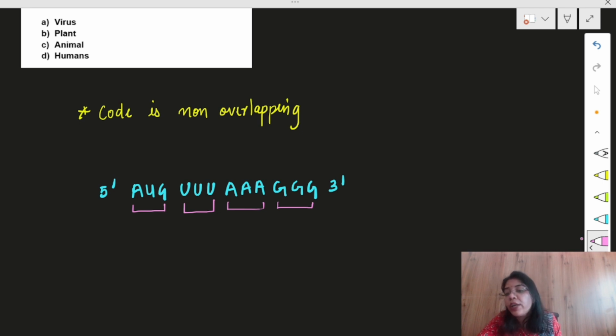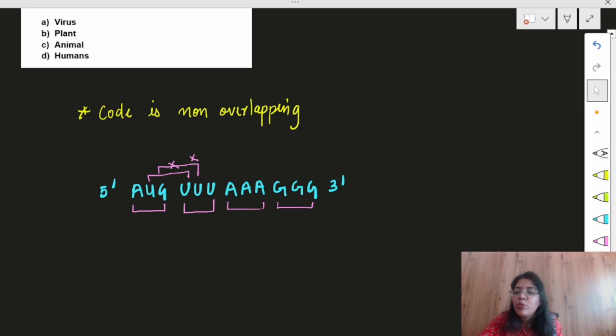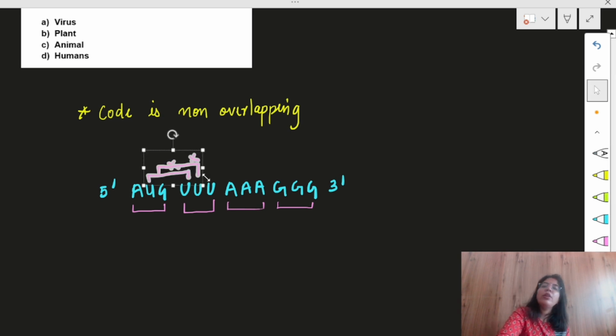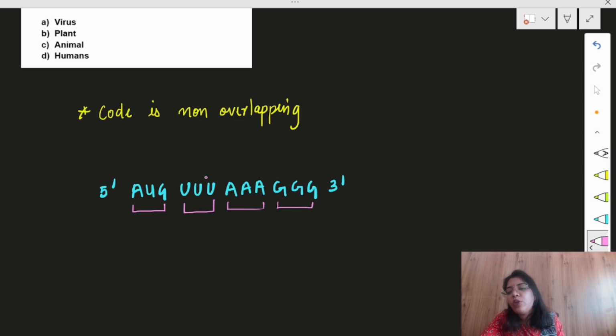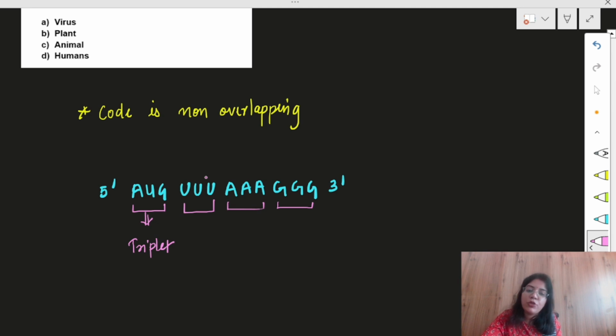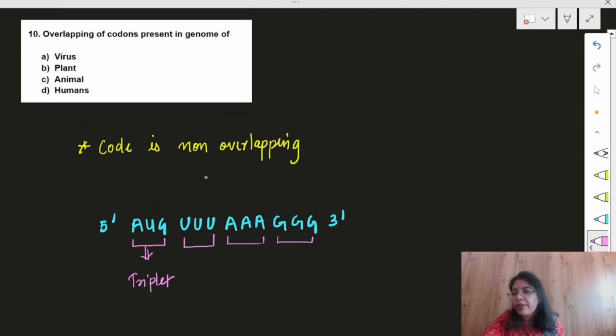It should never do like, AUG I have read, now UGU I should read, or GUU. No, overlapping is not there. It always reads code in triplet format, one triplet, then next triplet, then next triplet.